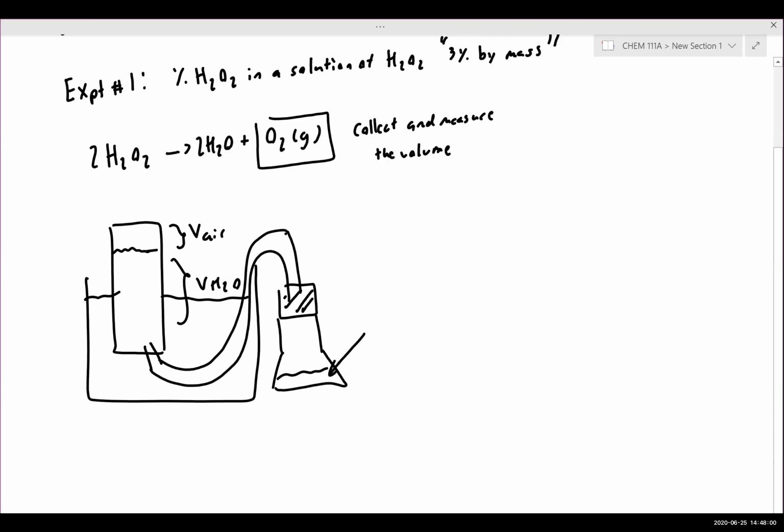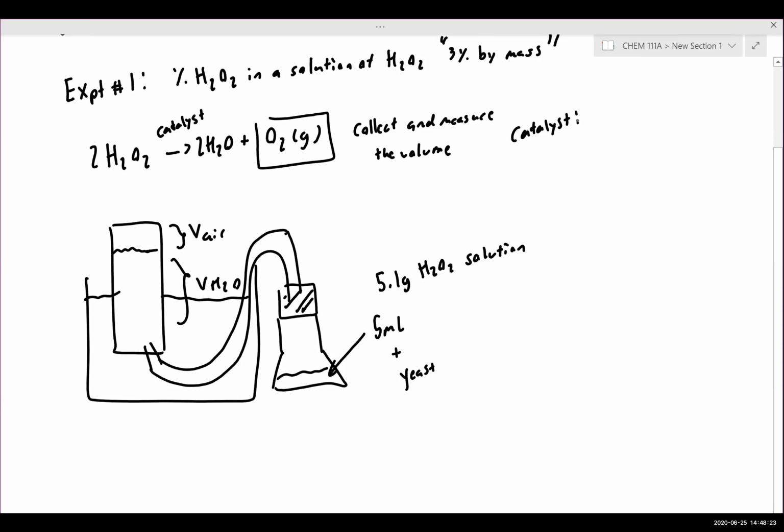In our reaction flask, we have 5 milliliters, which we measured to be 5.1 grams, of hydrogen peroxide solution. And we have yeast, which serves as the catalyst for this reaction.